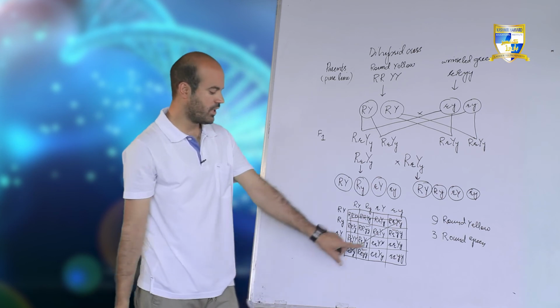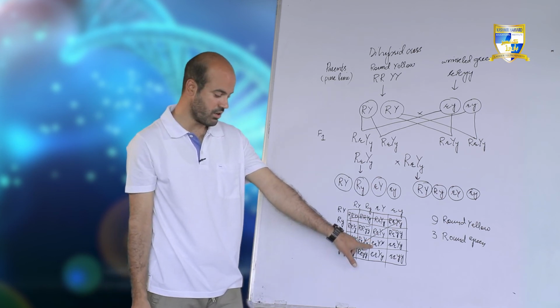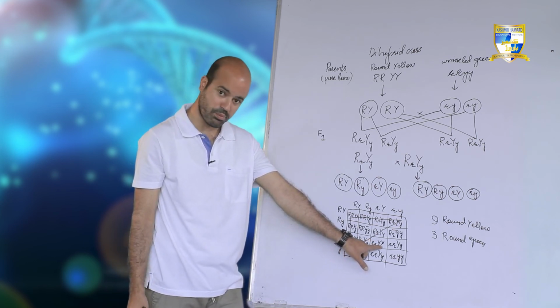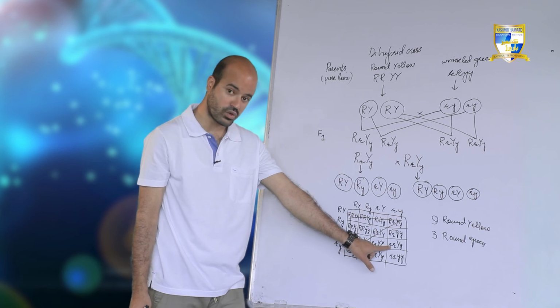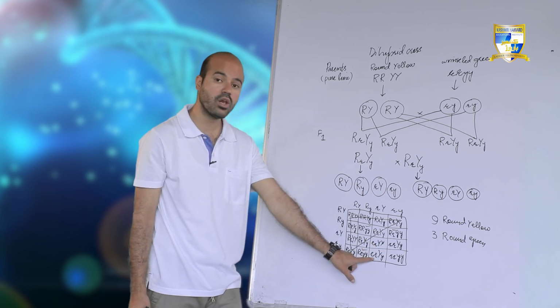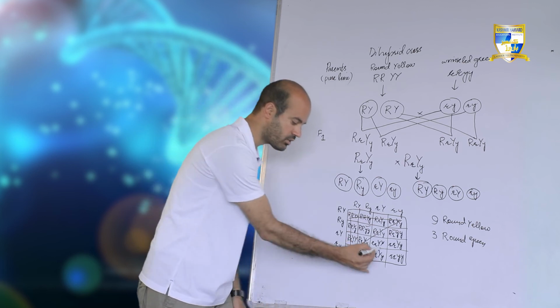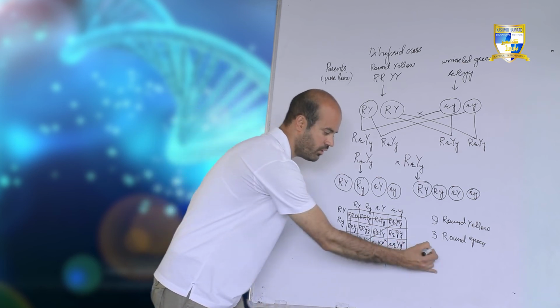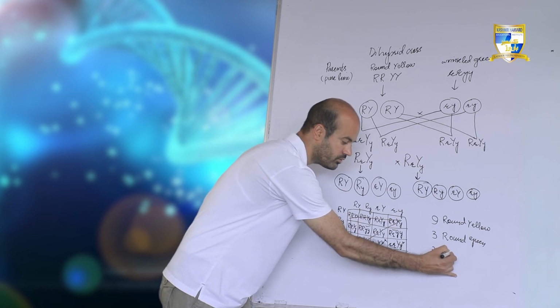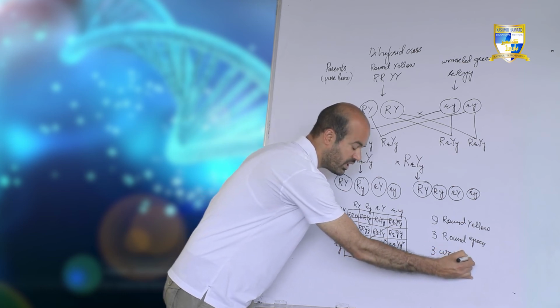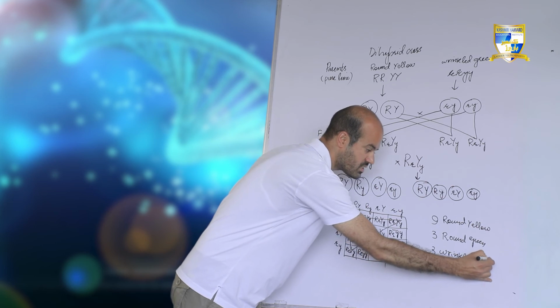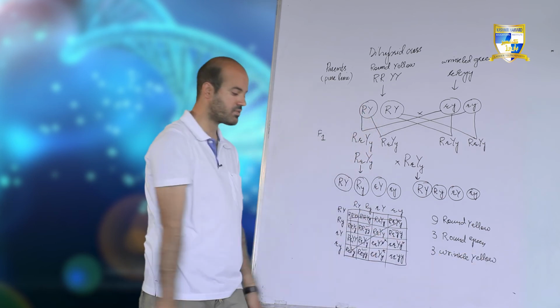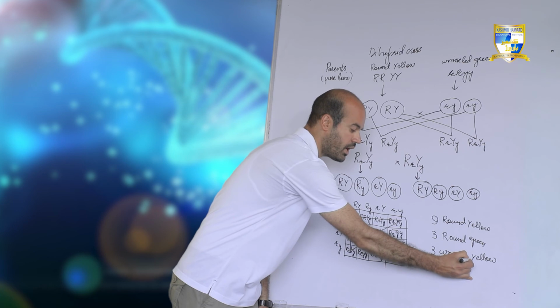Fine. Then observe this one. This will be wrinkled yellow type of seeds. Again there are 3, 1, 2, 3. These type of plants will produce wrinkled yellow seeds.